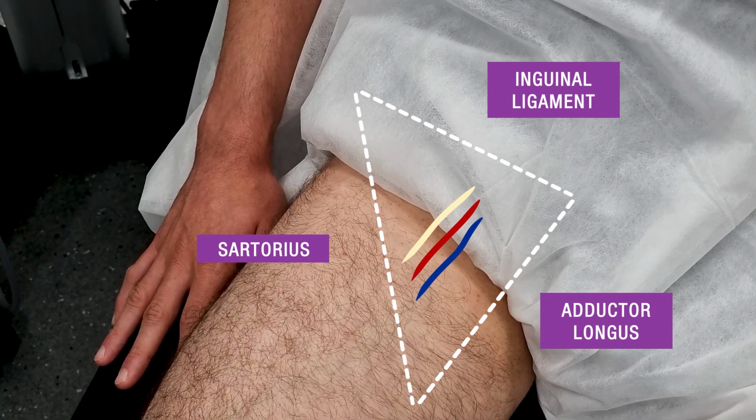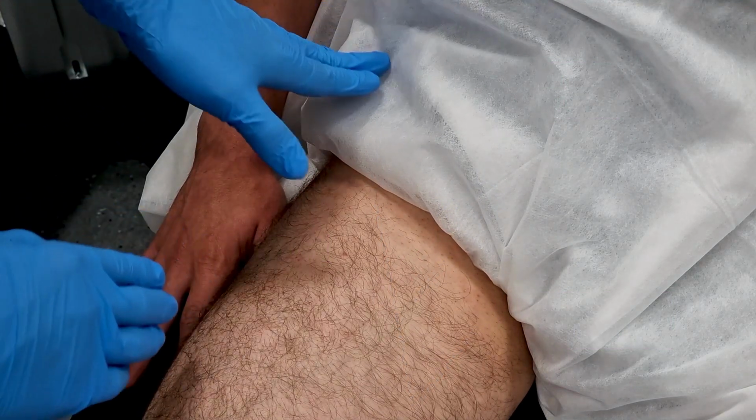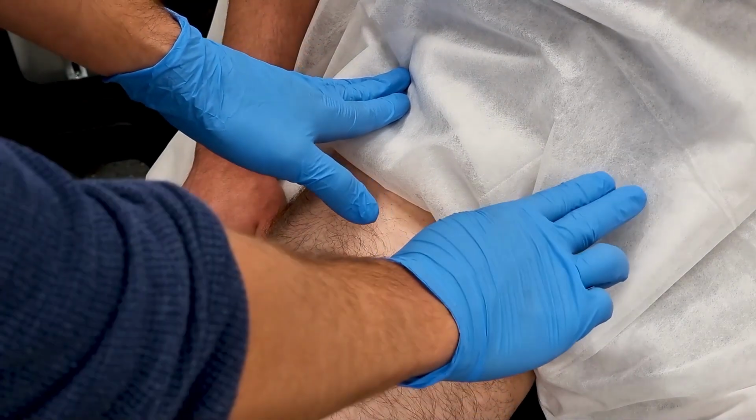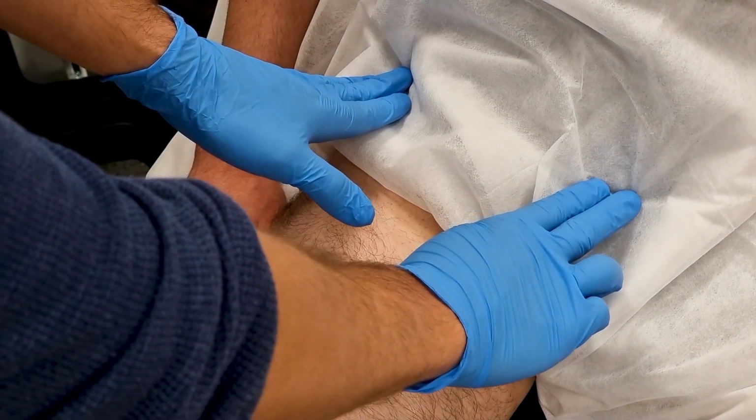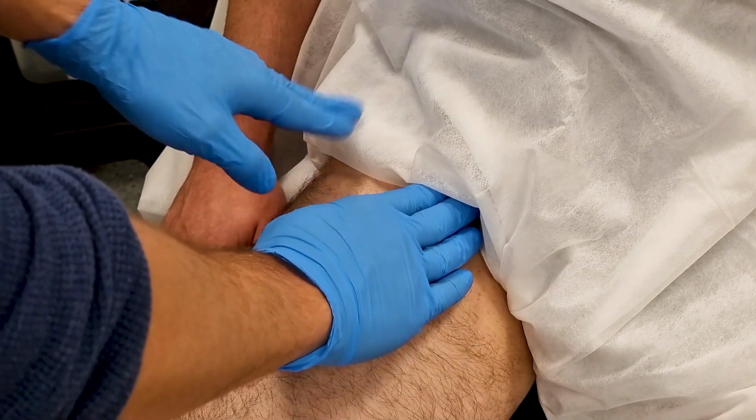The order in which they lie can be remembered with the acronym VAN, V-A-N, and that's from medial to lateral. The femoral artery can be palpated by finding the ASIS and the pubic symphysis, and going to the mid-inguinal point and just inferior.